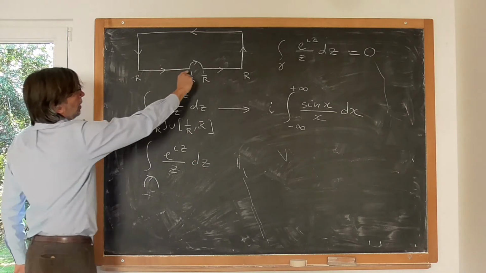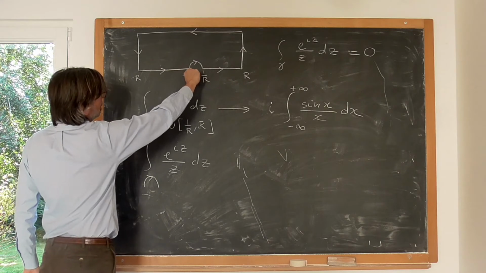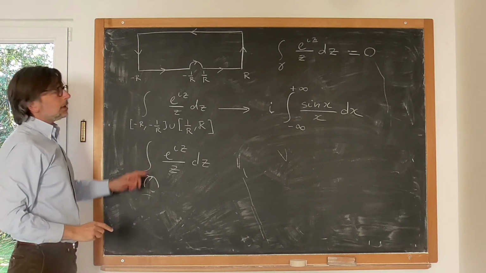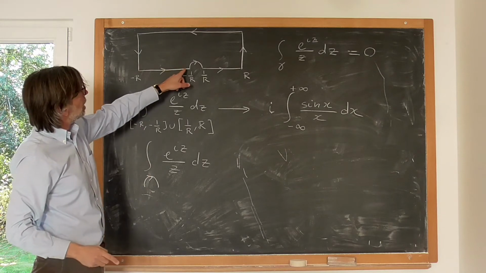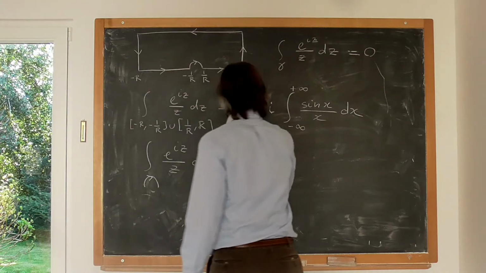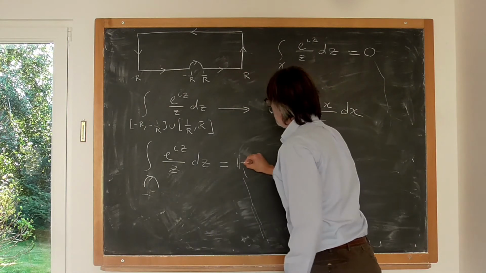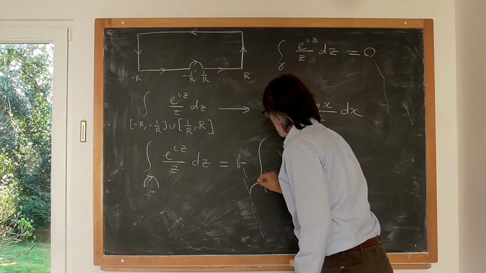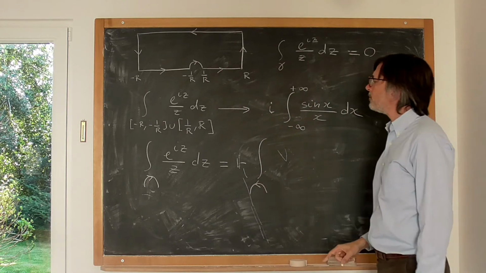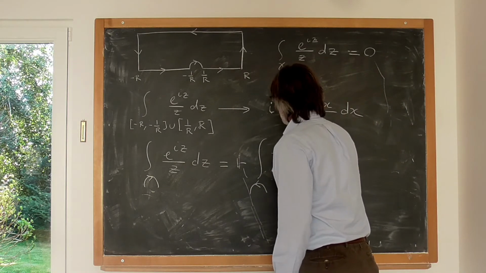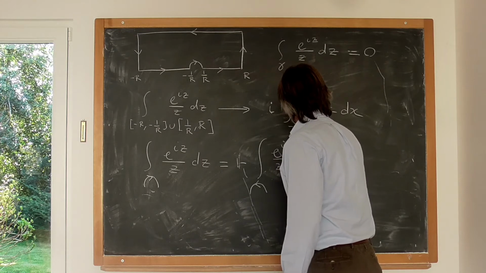So this is the integral along an arc of a circle, but this is now parameterized clockwise. So to reduce to the situation of the lemma, let's put a minus and let's parameterize the same arc counterclockwise. So we have e to the i z divided by z dz.